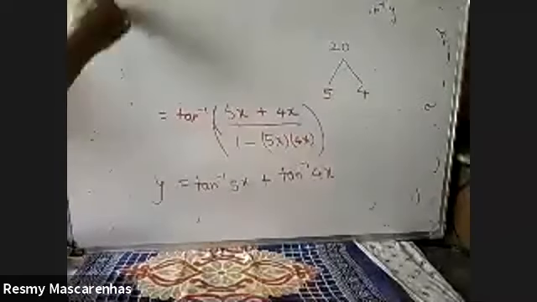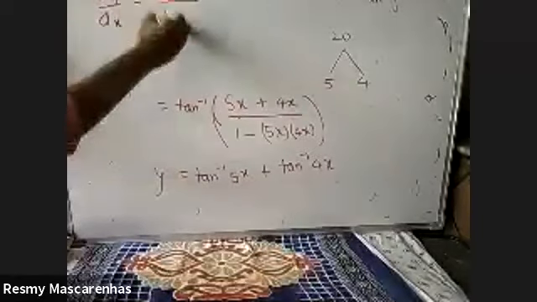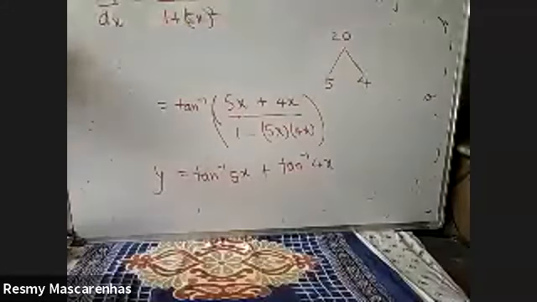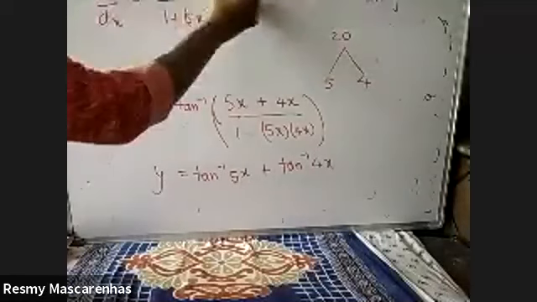So dy by dx will be, derivative of tan inverse: 1 upon (5x) square into the derivative of 5x, that will be 5.